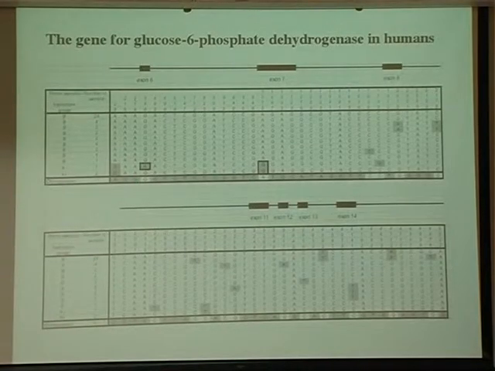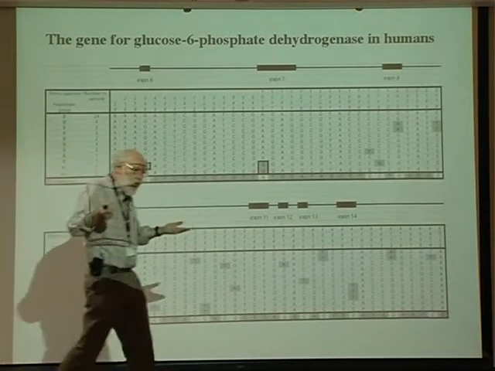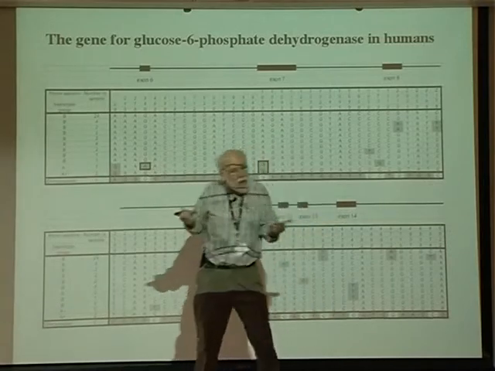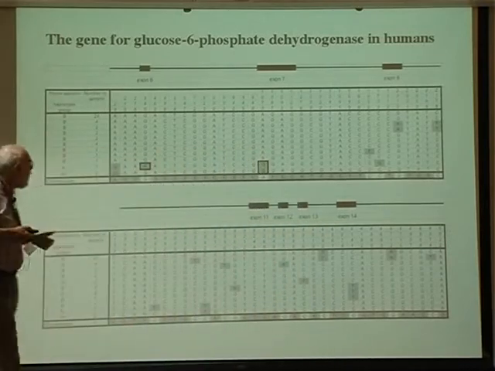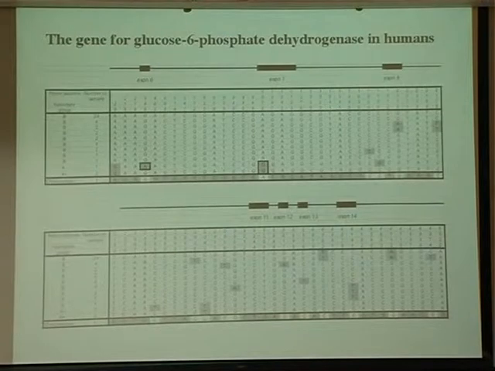So there are not many differences. It's about 1% difference between us and the chimpanzee at the DNA sequence level. There's even less variability in the human population. Here we have some synonymous variants in the human population. But these numbers give you some idea of how little variation there actually is.